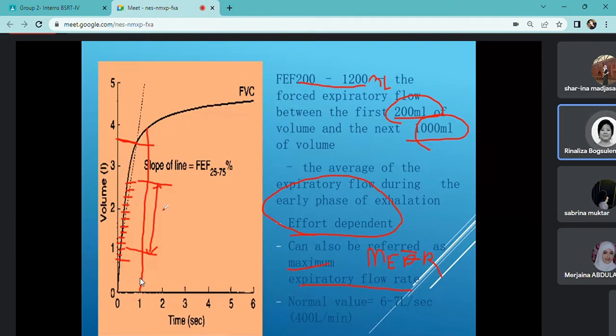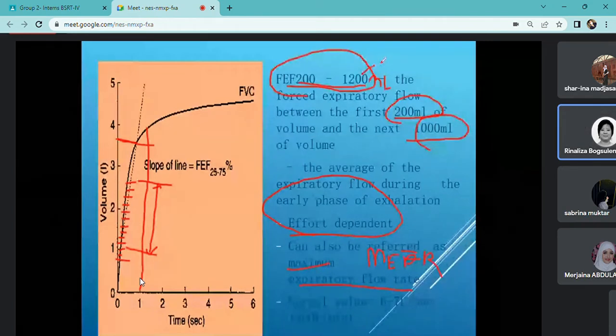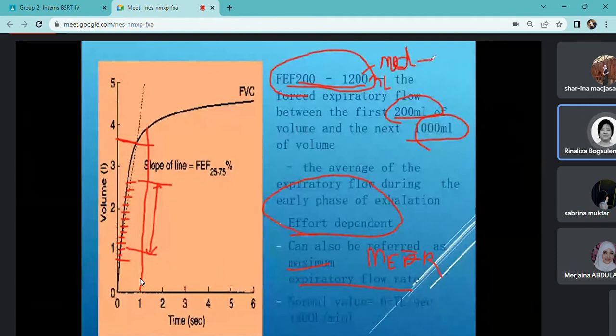So that means this portion, your FEF 200 to 1,200, will reflect your medium to large airways. Earlier, the FEF 25 to 75% will actually reflect your small airways. Your FEF 200 to 1,200 will reflect your medium size to large airways.